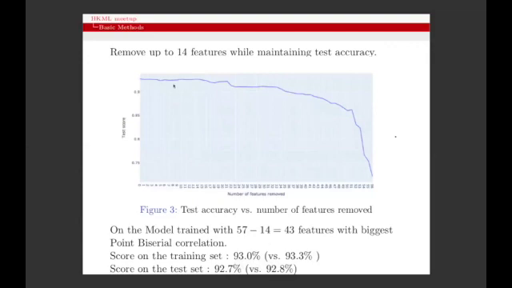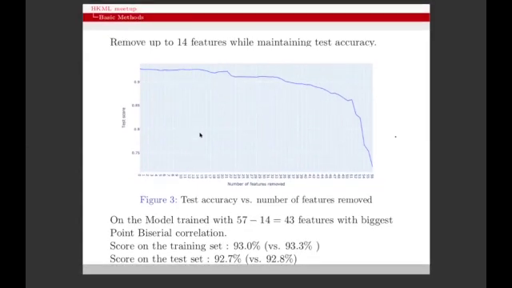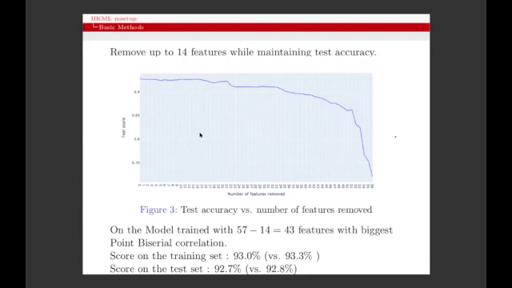I show the test accuracy against the number of features removed, removing the least important features first. We see that removing the very least important features doesn't impact the test accuracy, but it starts decreasing from 13, 14 features removed. So a good choice would be to remove 14 features, which doesn't impact the test set accuracy much, and the training set is not impacted either.